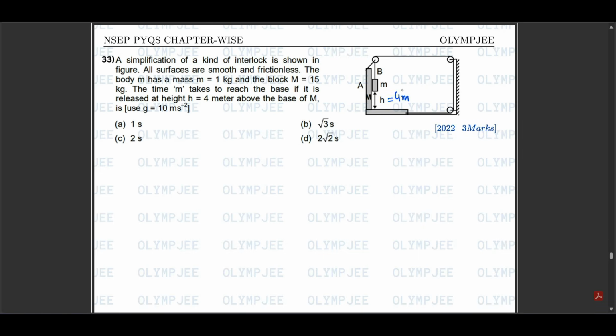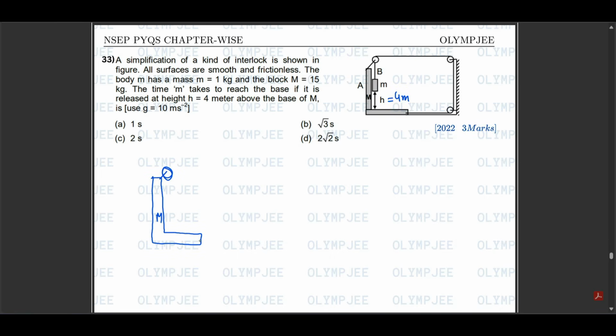So we can see that on this block, let me draw the FBD of this block. For capital M, this pulley can be assumed as connected to this block.